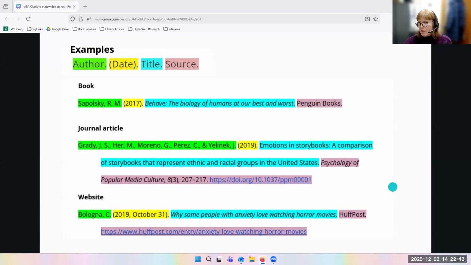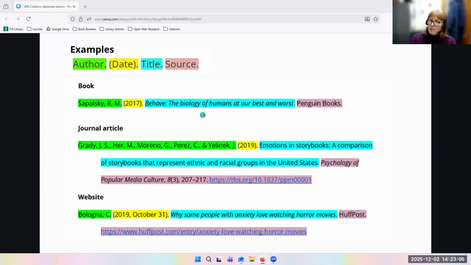Another thing about the sources themselves is our title. The title is in title case, which just means that the first word is capitalized as well as any proper nouns, right? Or sorry, this is sentence case. I apologize. This is sentence case.